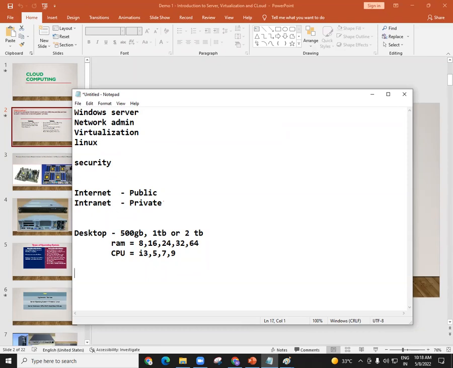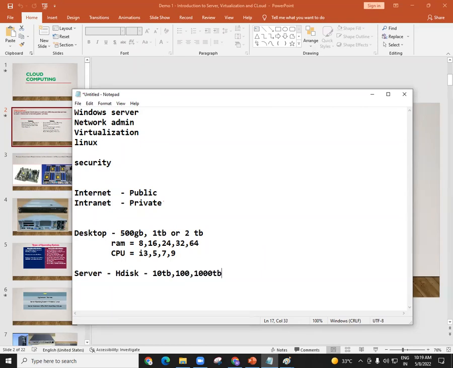Now let us come to server, my friend. Like I said, your server is similar to your desktop machine. At least the components are the same, but the capacity and the speed will be different. So coming to server hard disk, in a server, we can connect 10 TB hard disk or 100 TB hard disk or 1000 TB hard disk.